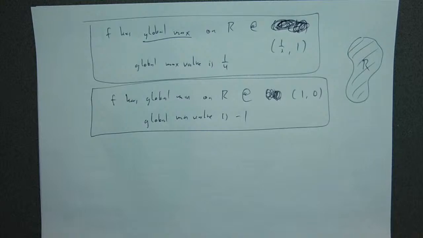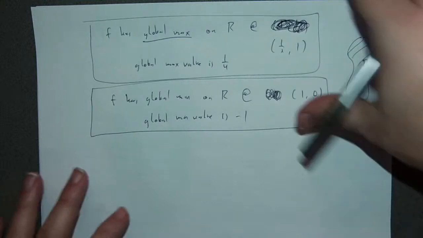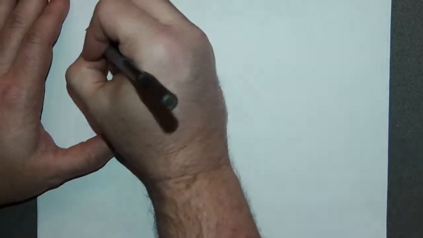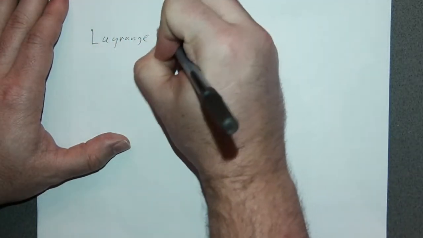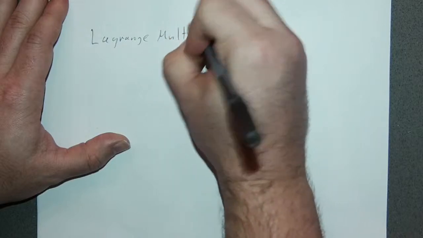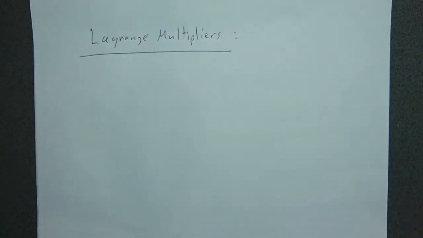So here's where Lagrange multipliers come in. Okay, so Lagrange multipliers, these are the things that allow us to find global extreme values on the boundary.